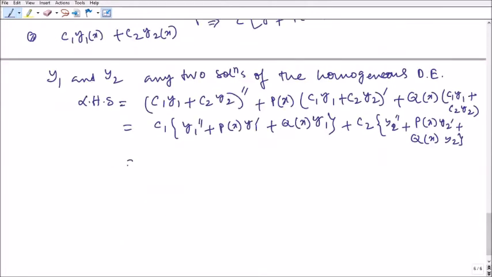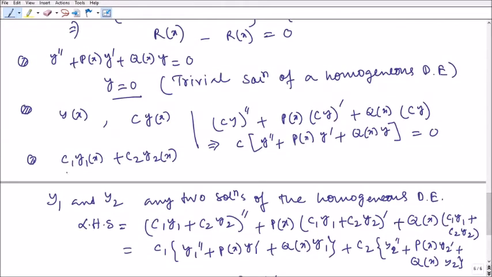So c1 into 0 plus c2 into 0 is 0, which is the right hand side. So we can say that this function is also a solution of this homogeneous differential equation.